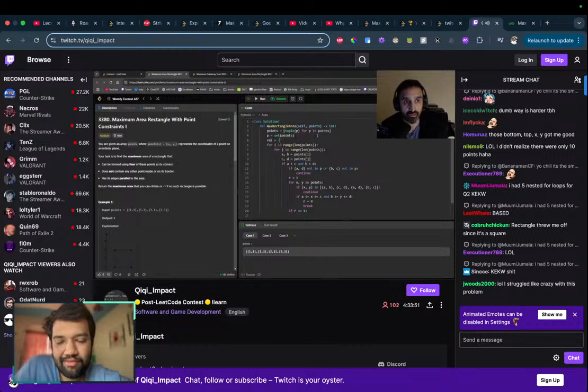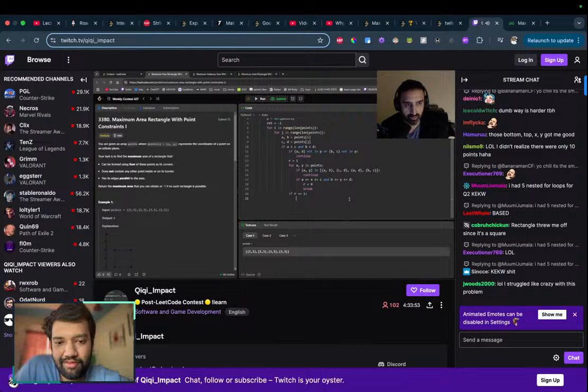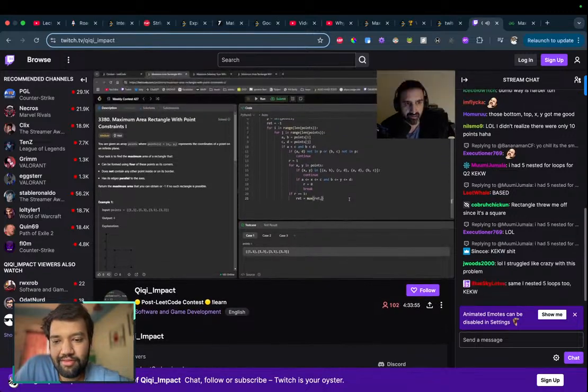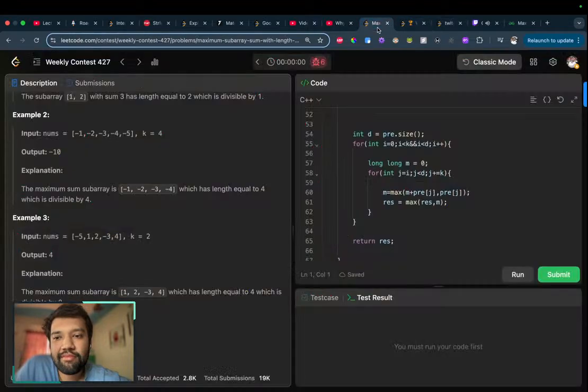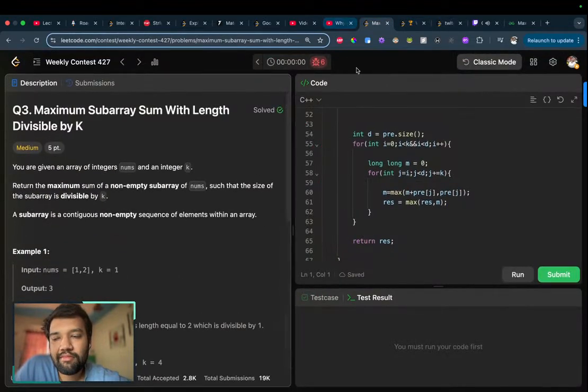Ret is equal to negative 1. If R is equal to 1, then ret is equal to max of ret and the area, just take C minus A times D minus B. And then at the very end, return ret.